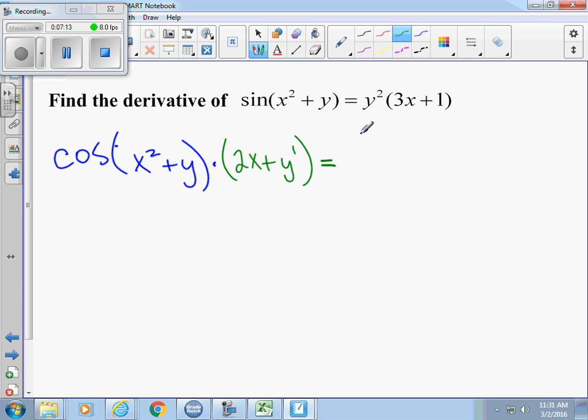Okay, let's look at the next one. Left, d right, plus 1, right, d left.